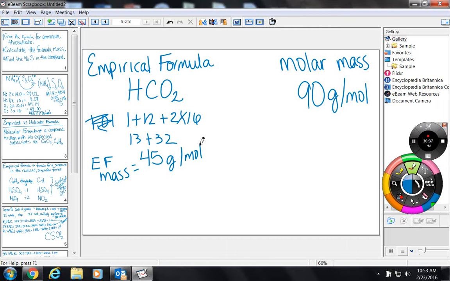What's the ratio between this and that? 1 to 2, right? It's cut in half. So if I want to double this, what's the molecular formula? It would be H2C2O4.